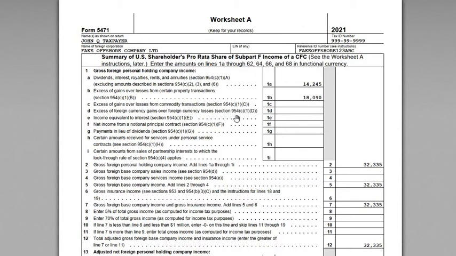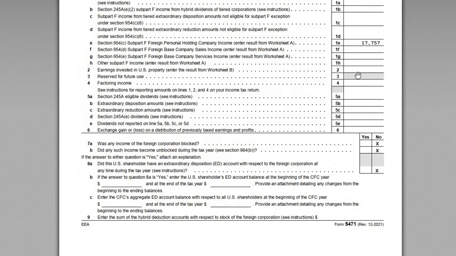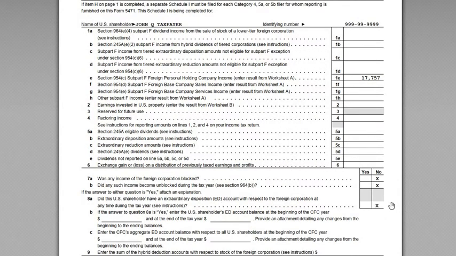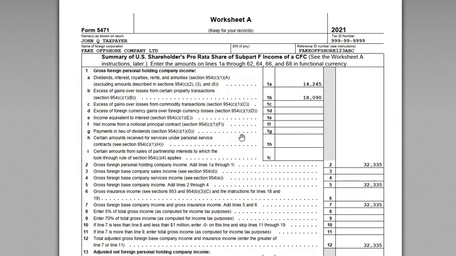When you file the return, you're only filing Schedule I with the completed numbers and the answers to the questions. You are not filing Worksheet A with it. You're just using Worksheet A to figure out the total amount of Subpart F income, what the Subpart F limitations might be because of an EMP limitation, and ultimately how much of that Subpart F income is being allocated to the U.S.